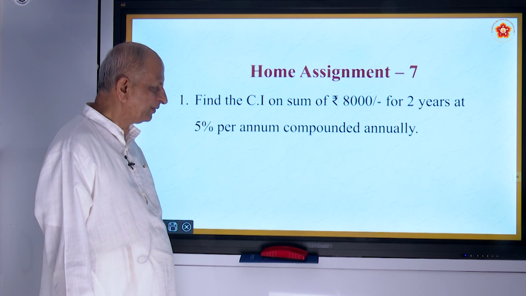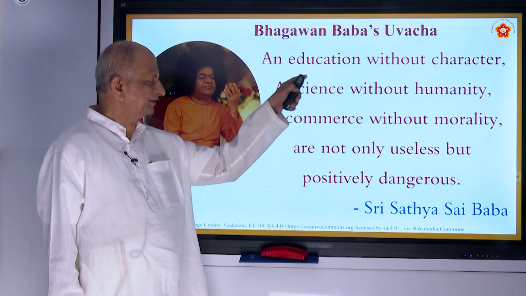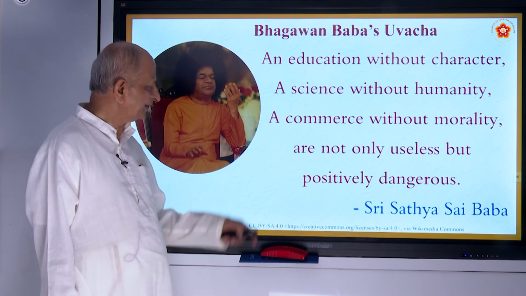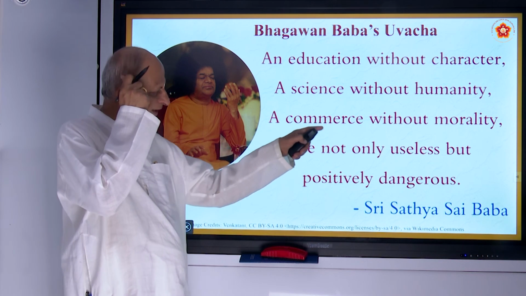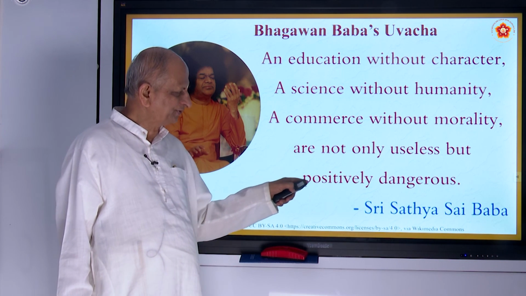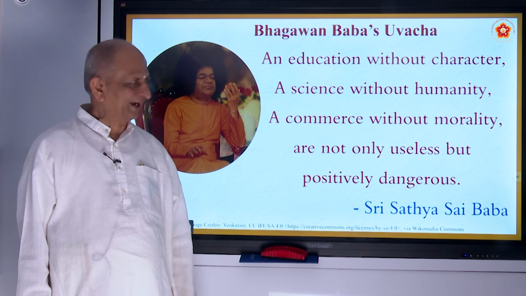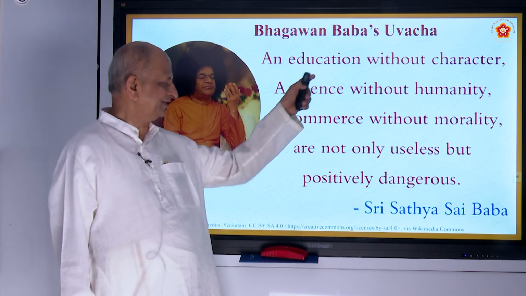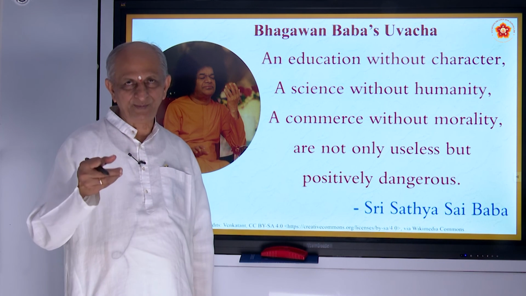Now let us see what Bhagawan Baba says. Education without character, a science without humanity, a commerce without morality are not only useless but positively dangerous. So character is the end of education, and science should be used for humanity.